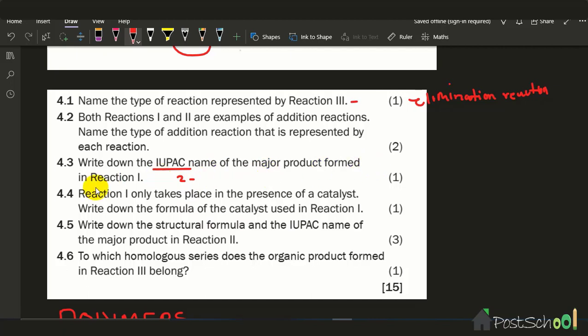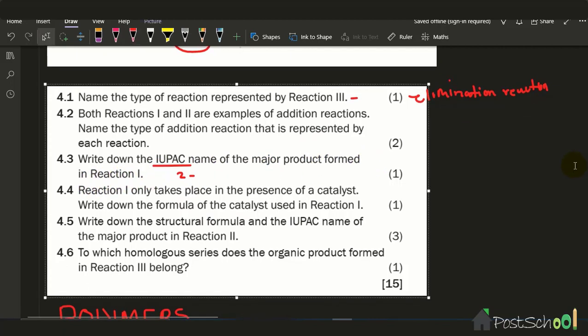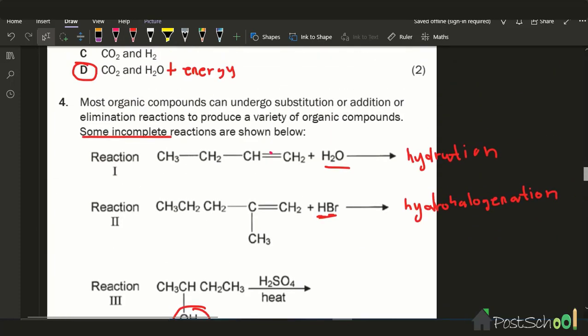IUPAC name of the major product formed in reaction 1. Where is reaction 1?